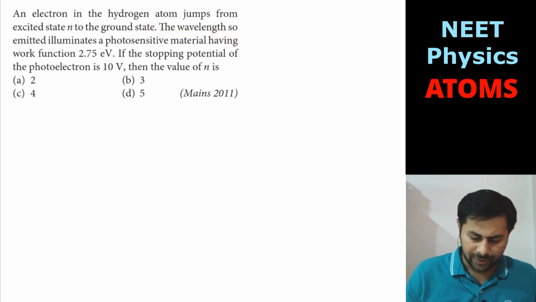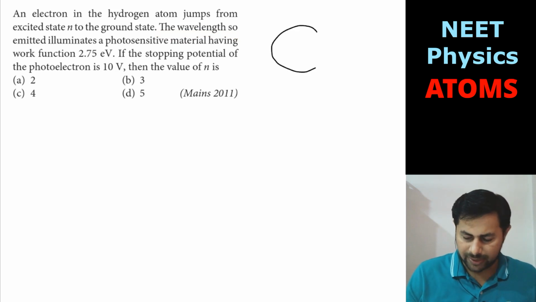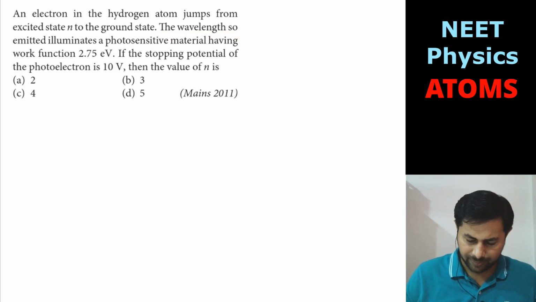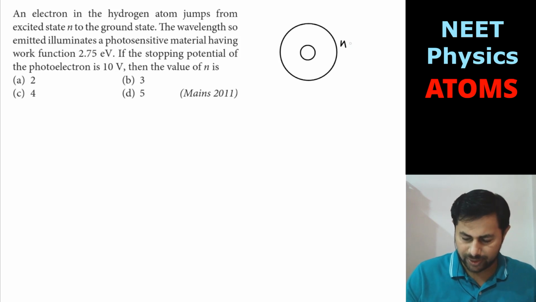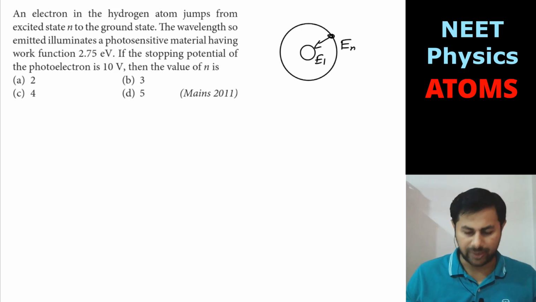So the electron jumps from excited state N to the ground state. This is state N, so here it will have energy En, and in the ground state it will have energy E1, and it radiates a photon having energy equal to what? H nu, which would be equal to En minus E1.